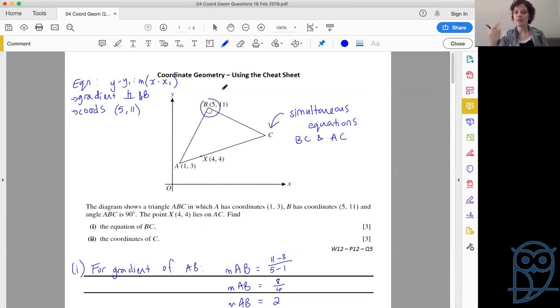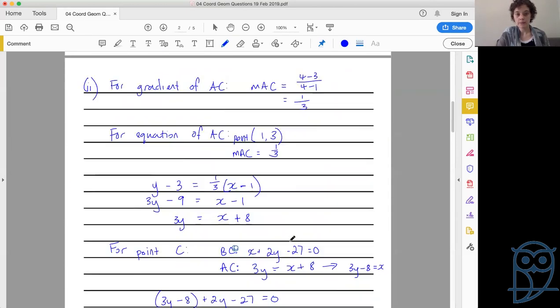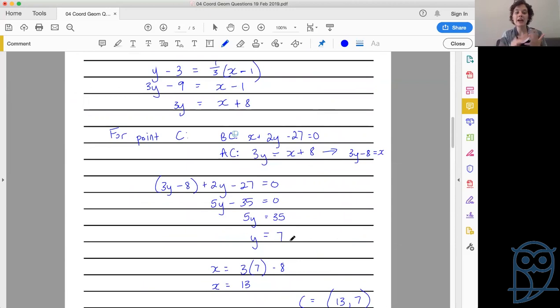So it's just that level of double checking your answer to make sure that you are happy with it. All right, so there we go. So we've used gradient, we've used the formula for the equation of a line, we've used gradient calculations, we've used perpendicular gradient, we've used intersection. So all of these things are coming off our cheat sheet from last time.